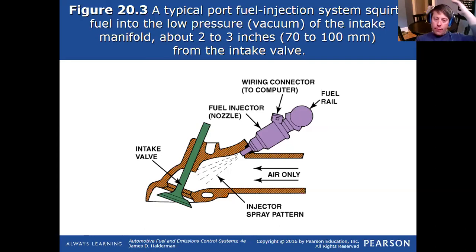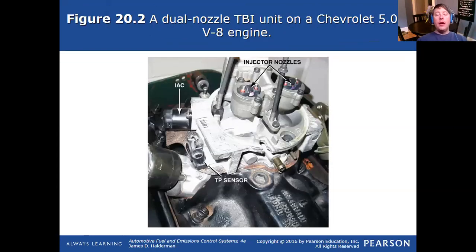So think about that for a second. What's going to happen in this previous illustration? We have an intake manifold. I'm not sure if the book, in the chapter, has a great image of an intake manifold, but you've all seen intake manifolds.